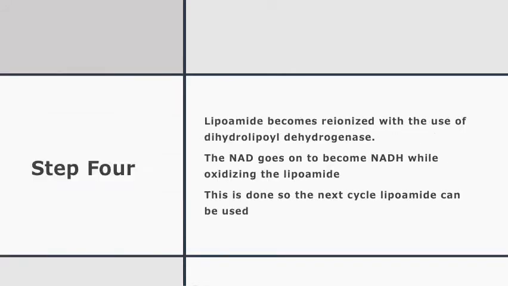All right, and now we're moving on to step number 4, which is the last step of this process that's going to tie everything together. So we have the lipoamide, which we talked about in the last slide. Essentially, this is going to become reoxidized, and it's becoming reoxidized with the use of the dihydrolipoyl dehydrogenase, which we also talked about in that last slide.